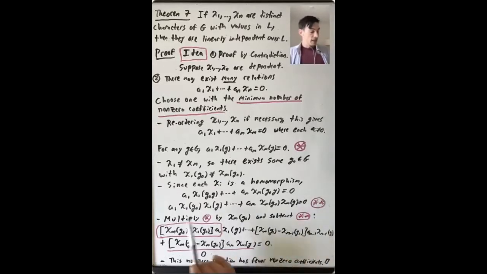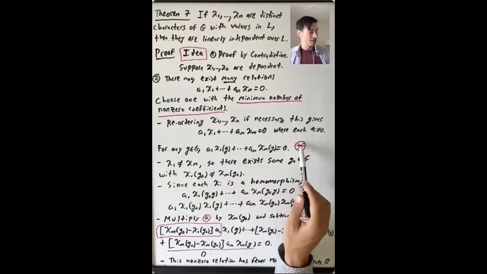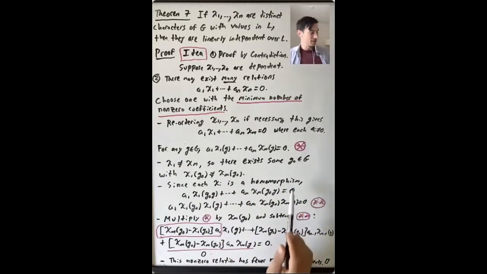So what do we get? We get a1 chi1 g0 times chi1 g plus a2 chi2 g0 times chi2 of g plus plus plus am chi(m) of g0 times chi(m) of g. And this is always 0. So now we have this equation and we have this equation, star and star star.